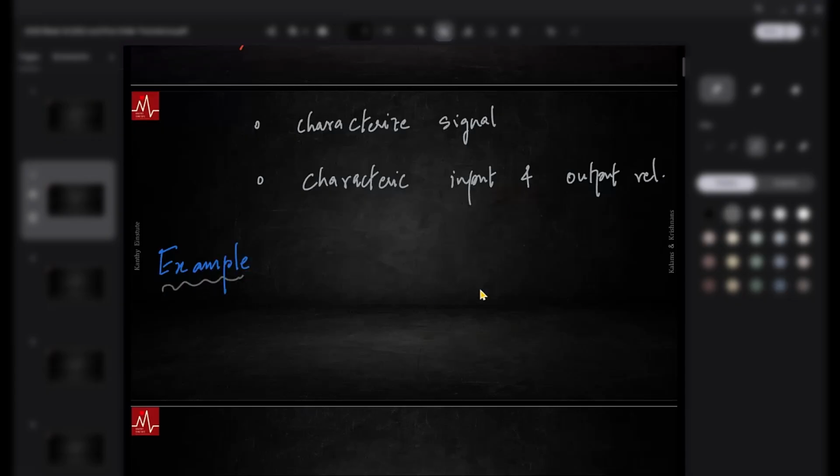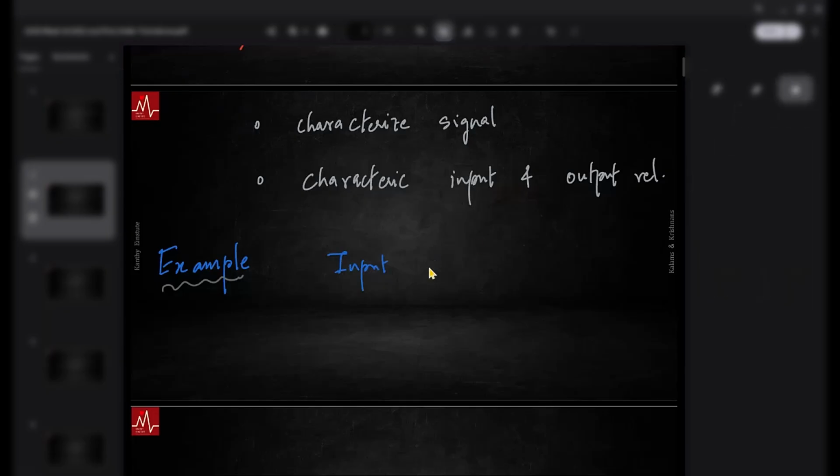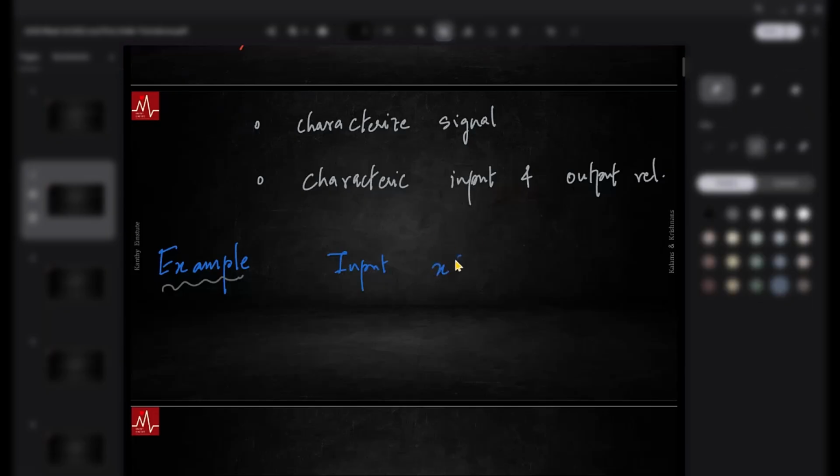Okay, this is a minimum working example. Now your input is this. Let's say input x of t is cos of 10t minus 50 degrees.